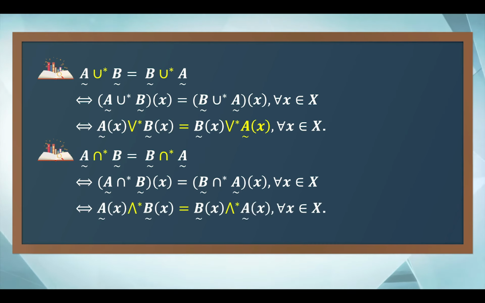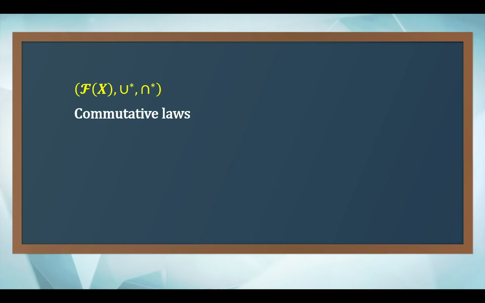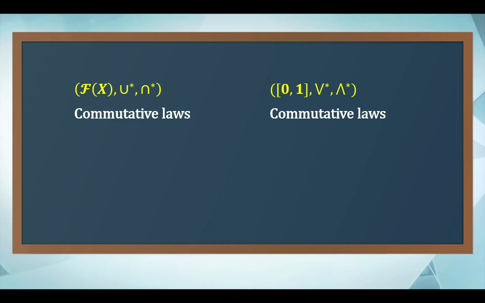In other words, the generalized minimum of A of X and B of X is the same as the generalized minimum of B of X and A of X for all X. What does that mean? That means if the commutative laws hold in this algebraic structure, then the commutative laws should hold in this algebraic structure.